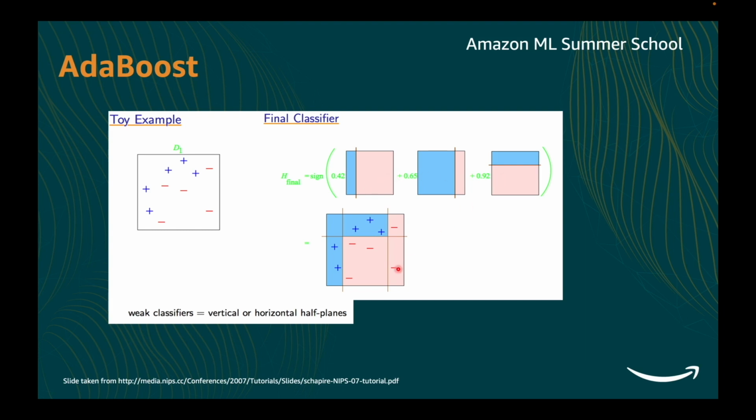The combination of them ends up with this very nice classifier over here, which in the end is able to make a very high quality prediction. And so you're able to get a final model which is very low bias, and it has high training accuracy as well. And usually this is a model which also generalizes well and does well on the test data set as well.